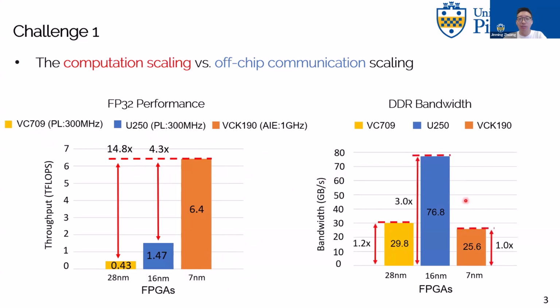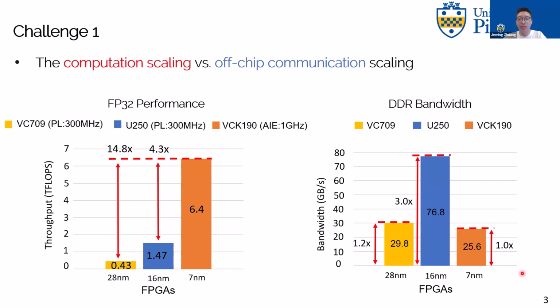However, the off-chip DDR4 bandwidth of VCK190 is 1/3 of U250 and about 85% of VC709. That means careful data orchestration is needed to make full use of the computation capacity of the Versal VCK190.